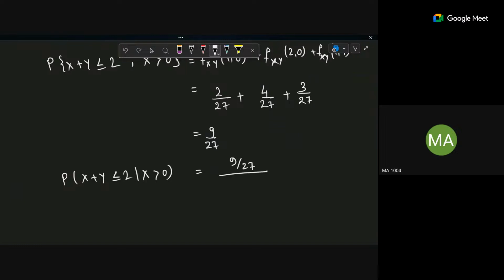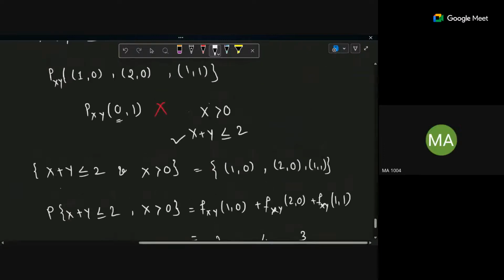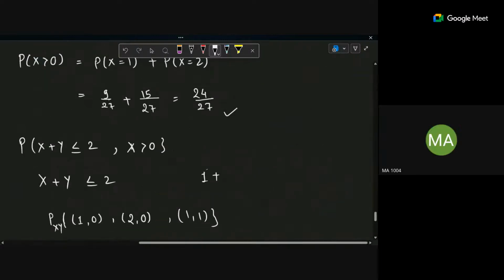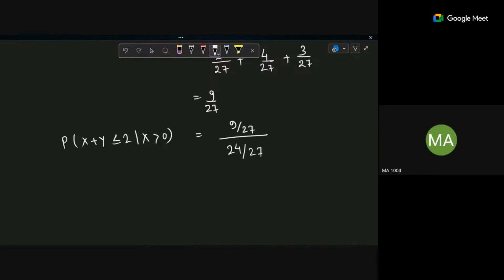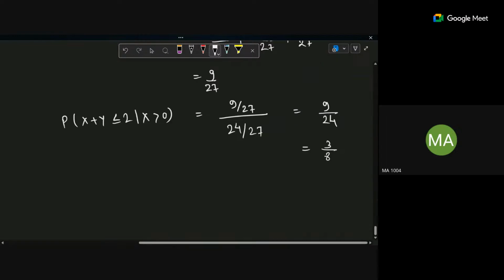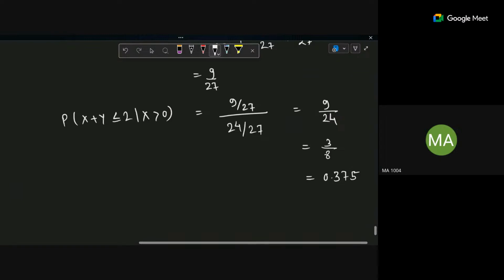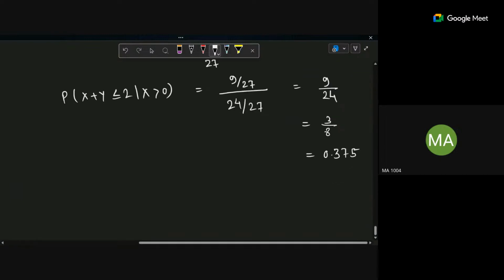We calculated 24 by 27, right? So it's 9 by 24, nothing but 3 by 8. So what's your answer? 0.375.